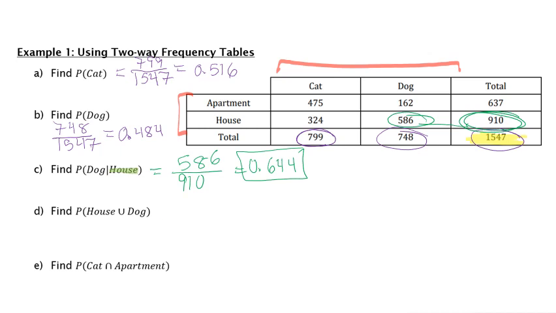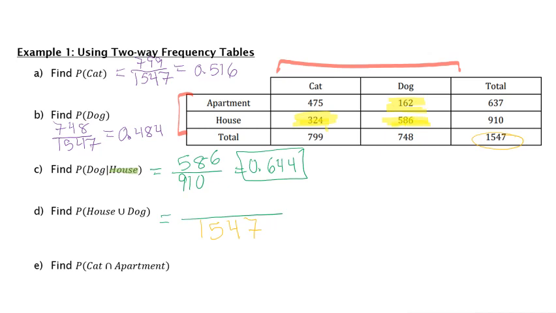For the next one, this is the union. So we're going to take this out of our entire amount. So what's the probability that someone has a house or a dog? For this one, if we look at our values, we're going to use our sample size as our denominator. And what we're going to end up doing is looking at people if they have a house. So I'm also looking at if they have a dog.